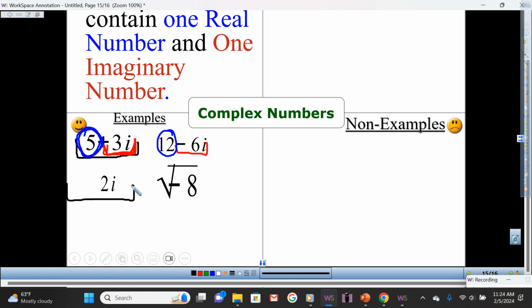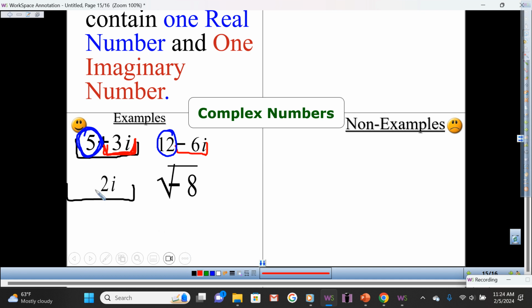Which one's the real and which one's the imaginary? Talk it over with your neighbor. Let's go. How about Brandon Felix? Pass it to someone. We'll start with the obvious one.